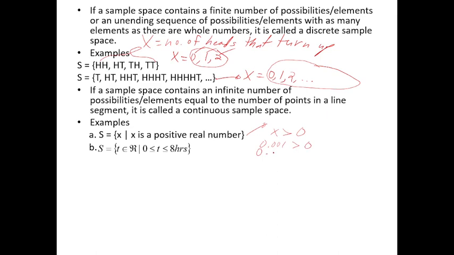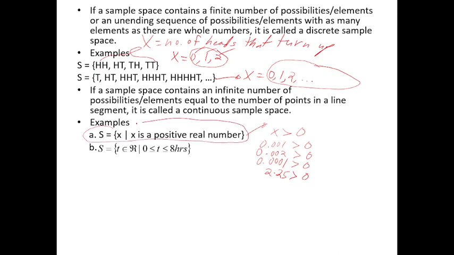Diba? 0.002. 0.0001. Ang dami. Okay? 2.25. Okay? Ang daming possibility. Hindi mo naman yan malilista lahat. No? Hindi mo naman malilista lahat yan. Lahat ng possibility.